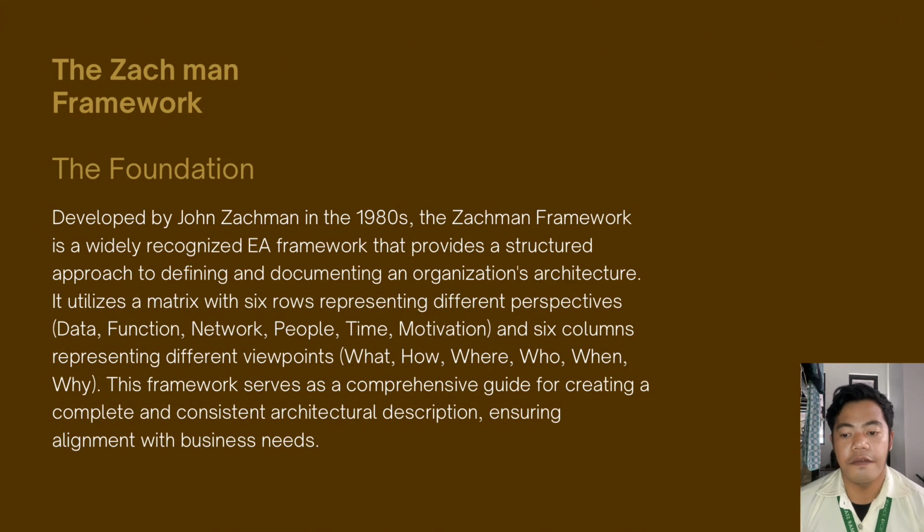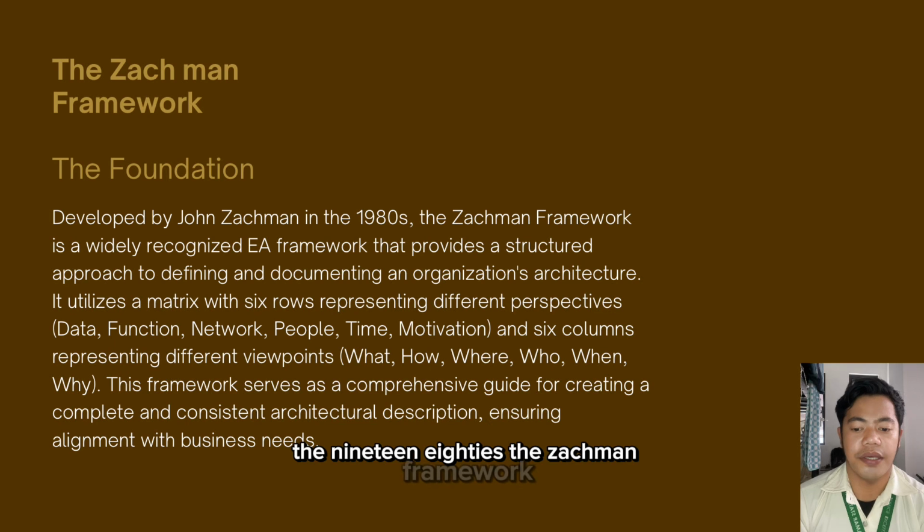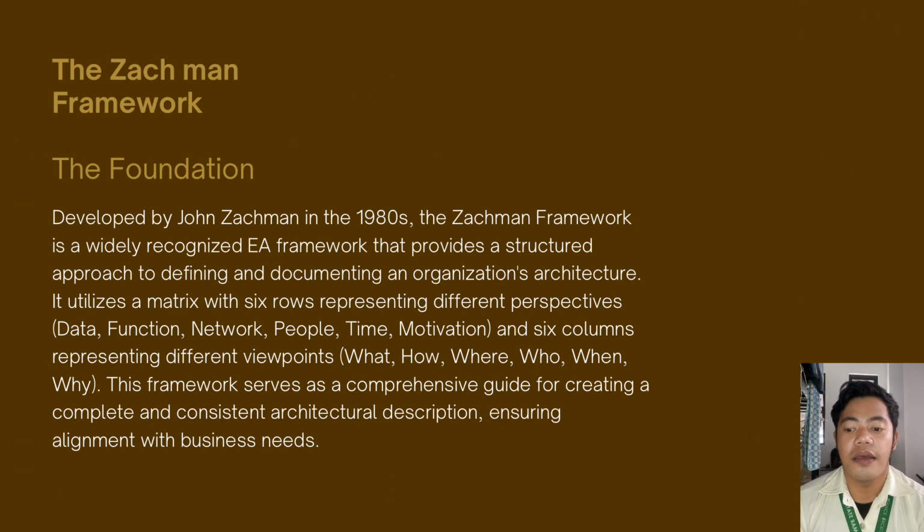The Zachman Framework. The foundation. Developed by John Zachman in the 1980s, the Zachman Framework is a widely recognized EA framework which provides a structured approach to defining and documenting an organization's architecture.